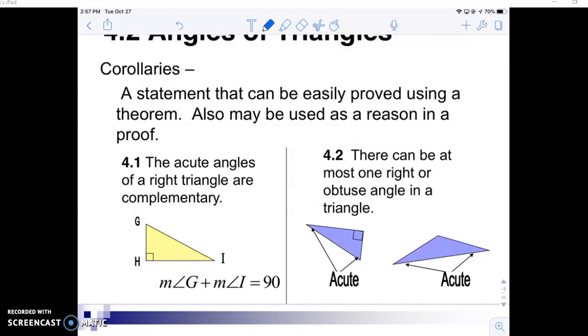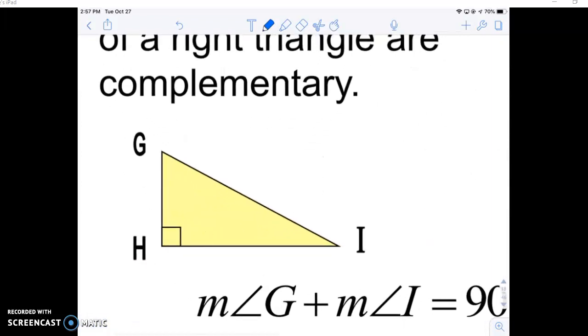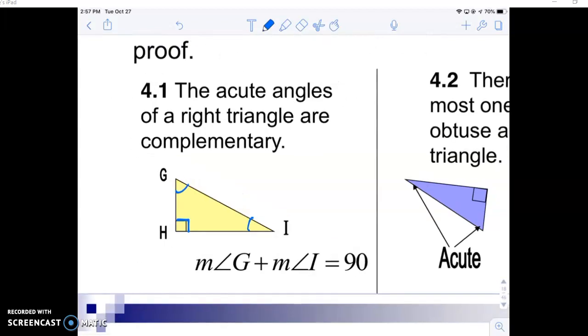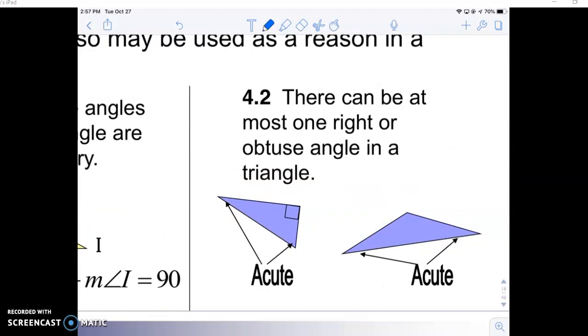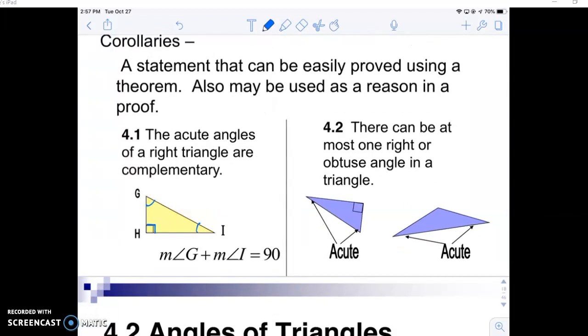What corollary 4.1 tells us is the acute angles of a right triangle are complementary. If I look at a right triangle, if this is 90 degrees, that means this angle plus this angle would also add up together to equal 90 degrees, because they have to equal 180. Then corollary 4.2 tells us that for any triangle, there can be at most one right angle or one obtuse angle.